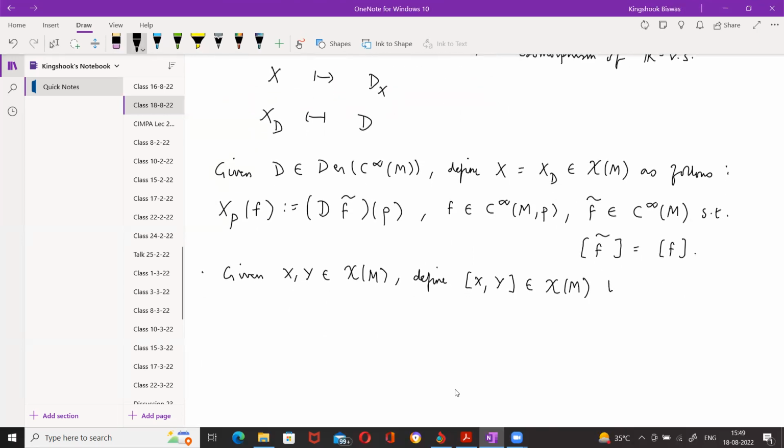So we define [X,Y] acting on a smooth function f in C infinity of M. This is defined to be the bracket of the derivations, so this is X(Y f) minus Y(X f). Is this clear?